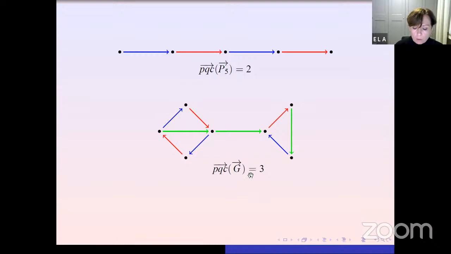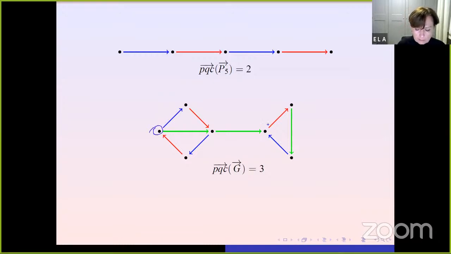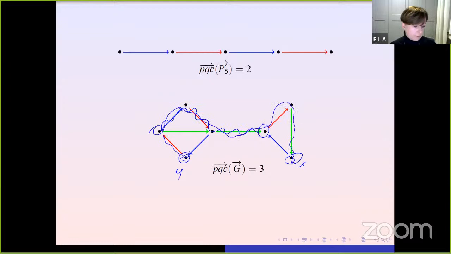But we can color the arcs in such a way that if there exists a path between two vertices, then there also exists a properly colored path. So for example, we can choose this vertex and this vertex. These vertices are connected by a path, and we can find a properly colored path. If we choose these two vertices, of course, from this vertex to this vertex there is no path, so there is also no properly colored path. However, from this one to this one, we can find a properly colored path like here.